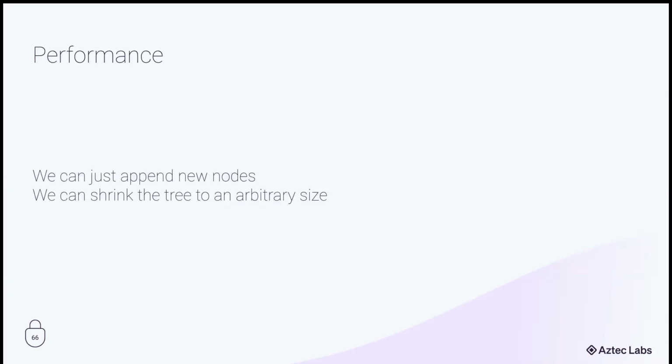So the nice thing about having this case where we can just append new nodes is that we can change the size of the tree. Instead of having this sparse Merkle tree of size 254, we can have the same size as our commitment tree. All of the data can only be nullified once.